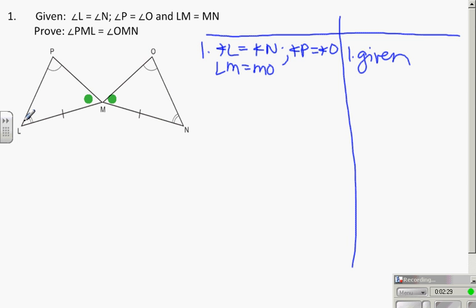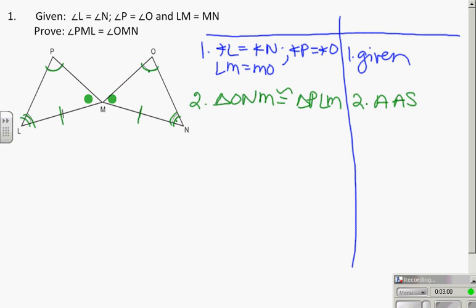When I look at my given, angle L and angle N, angle O and angle P, and this segment, I already have enough to say that the triangles are congruent by angle, angle, side. And I'm always careful. O and M corresponds to P, N corresponds to L, and M to M by angle, angle, side.